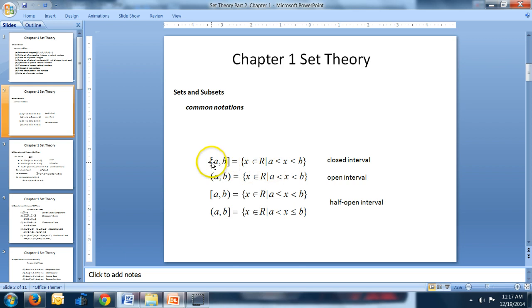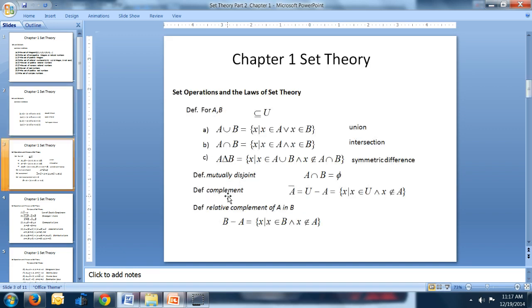We use square parentheses versus round parentheses that don't include A and B, or the mixed ones where it is closed from the bottom and open from the top, or the other way around.